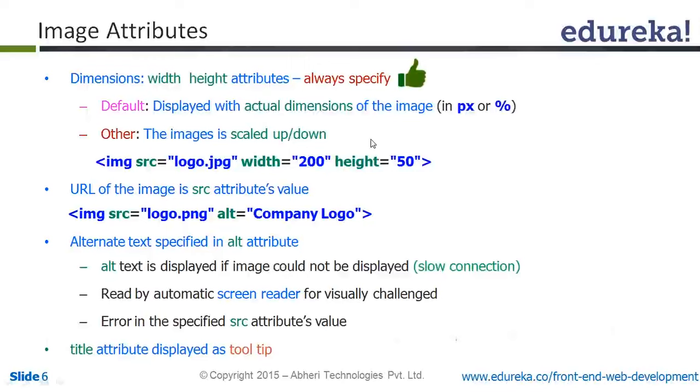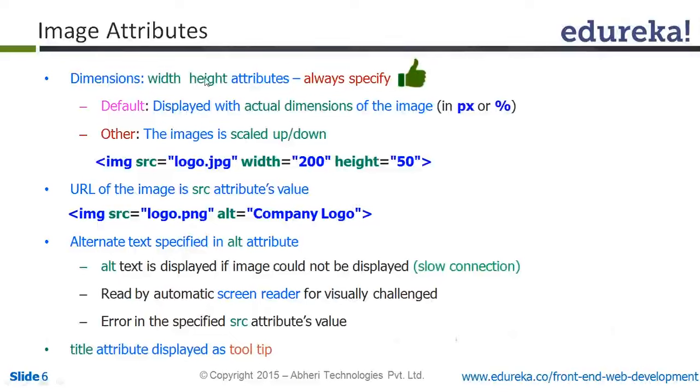Even though a browser can determine the width and height, you should always specify them. The reason is that you are reducing some work for the browser so that it can display the image quickly. Otherwise, in the case of big images, it has to go through the full-size image and then determine the dimensions, and that might slow down the rendering of the web page.